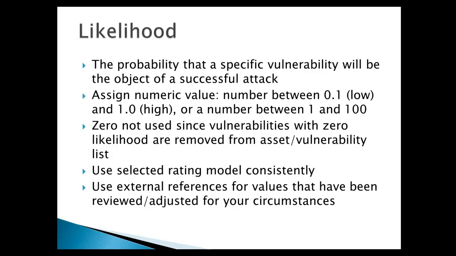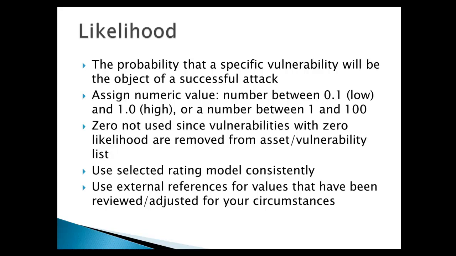If we talk about likelihood of an attack coming to fruition, we really talk about the probability that a specific vulnerability will be the object of a successful attack. And there are a bunch of different ways of assigning numeric values. You can use low and high, 0.1 and 1, 1 and 10, numbers between 0 and 1.